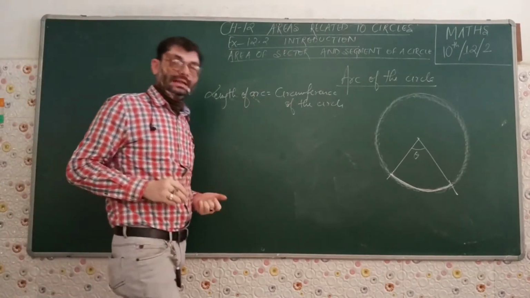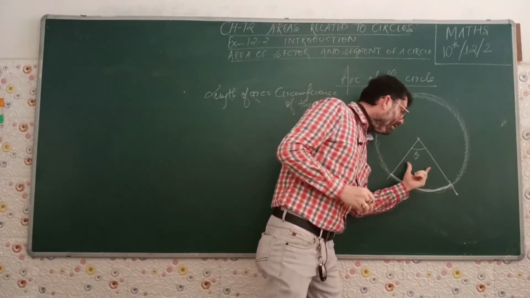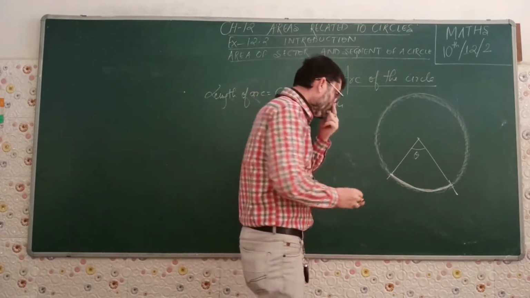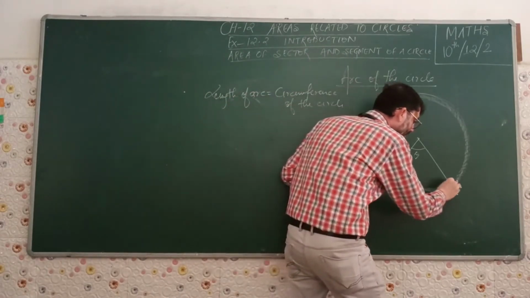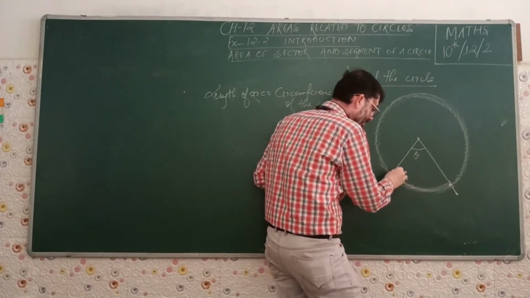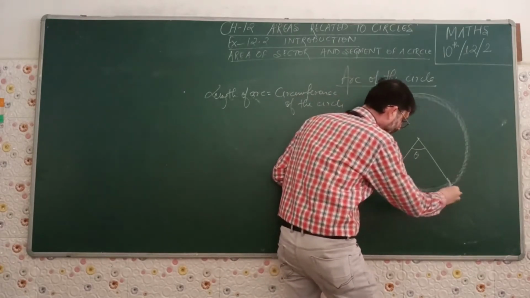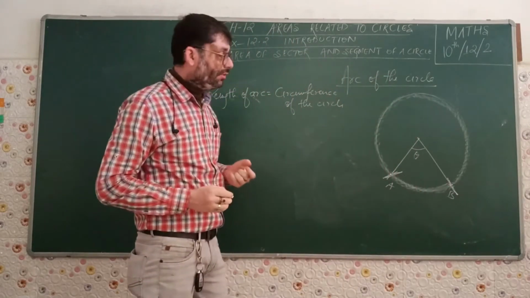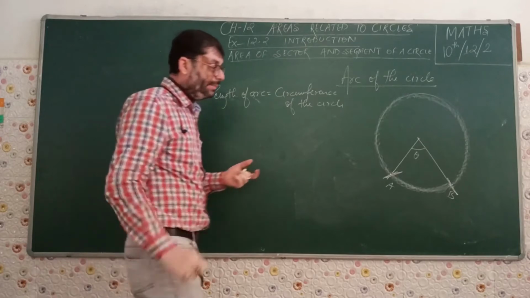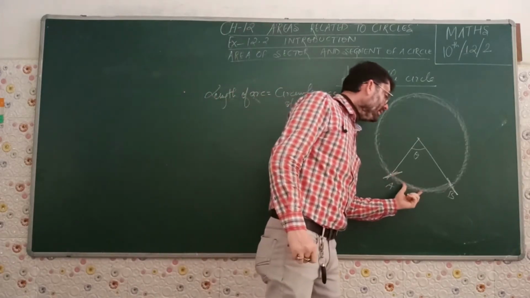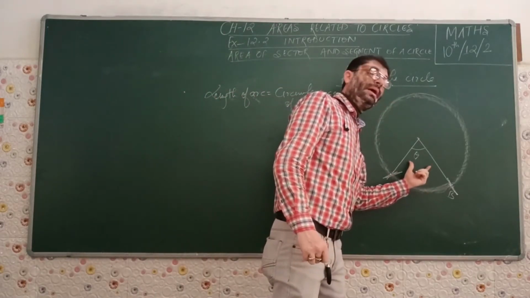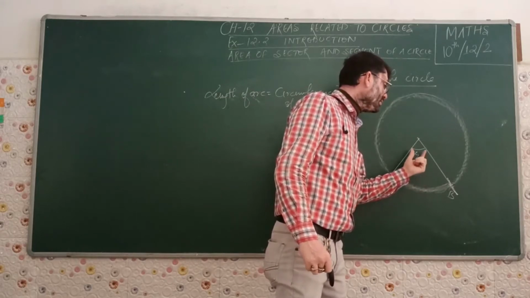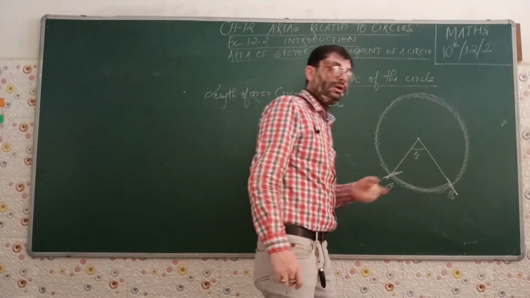Of that total length, when we want to find the length of the arc enclosed by the minor sector, that means we are talking about only this part, say arc AB. We want to know the length of arc AB. AB is the arc along with the minor sector, making a central angle theta with the whole part of the circle.